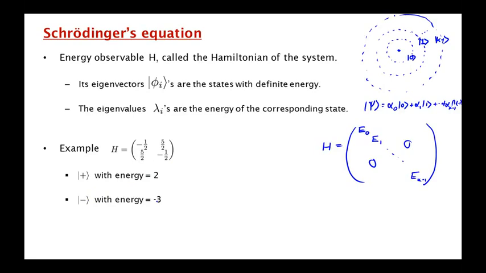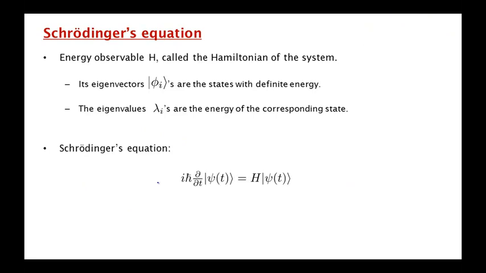So this would correspond to saying that if this was the Hamiltonian of the system, you would have two states of definite energy: the minus state, which would have the lower energy, minus 3, and the plus state with energy of plus 2.